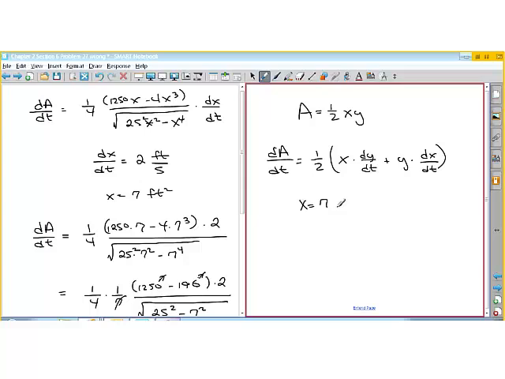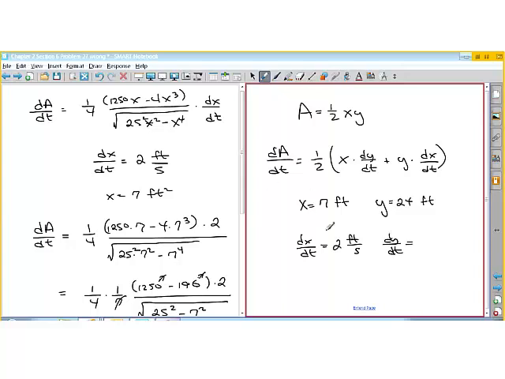Okay, for our particular case, x equals 7 feet, y equals 24 feet. This squared plus that squared equals 25 squared. dx/dt is equal to 2 feet per second.